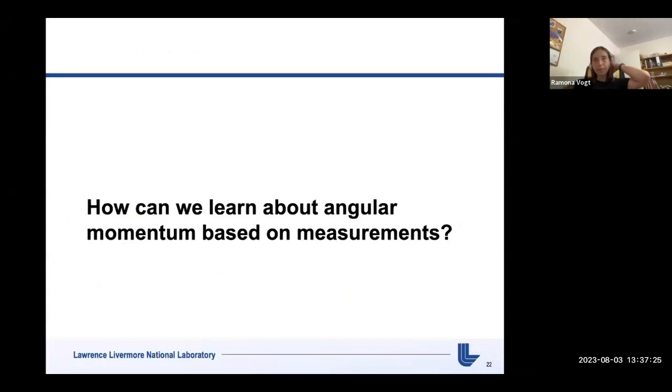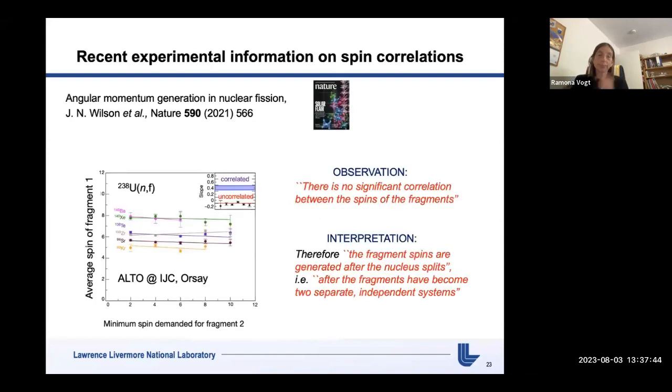So how do we learn about angular momentum based on measurements? That's a really good question. Some of the work done by the University of Michigan group has shed some light on this for sure, especially in terms of neutron and gamma correlations. But as was mentioned already in the previous couple of days, there was a paper by John Wilson and collaborators in Nature, woohoo, on angular momentum generation in nuclear fission.